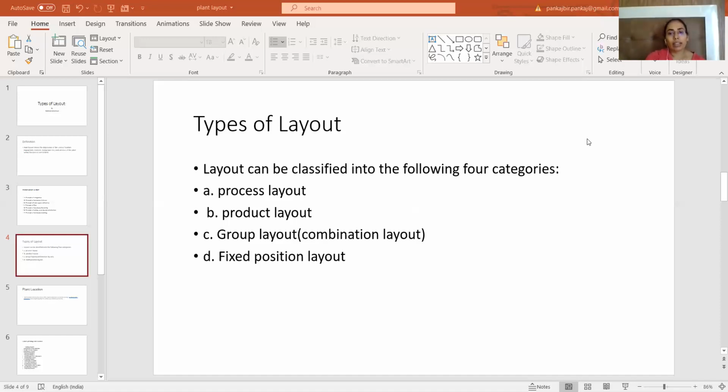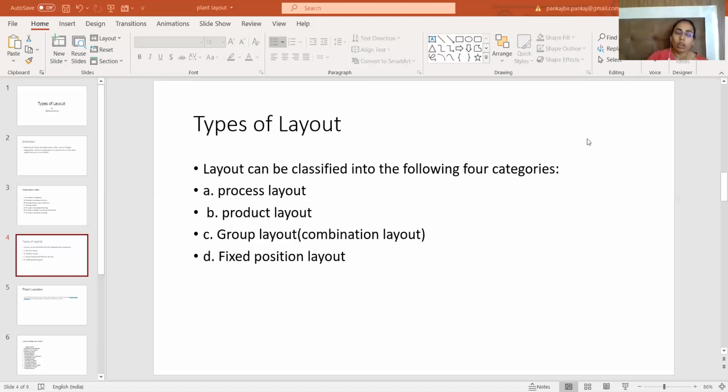Then the last kind of layout is known as fixed position layout. This is also called the project type layout. In this type of layout, heavy machinery and heavy equipment, like big ships and dam construction, come under fixed position layout, because you cannot move your output from one place to another since it is very huge.